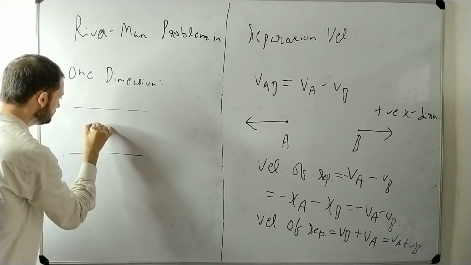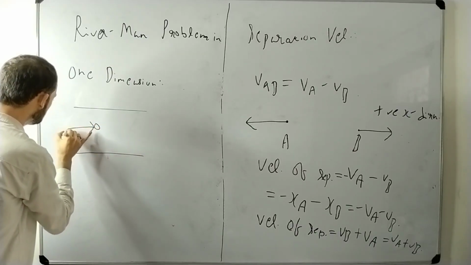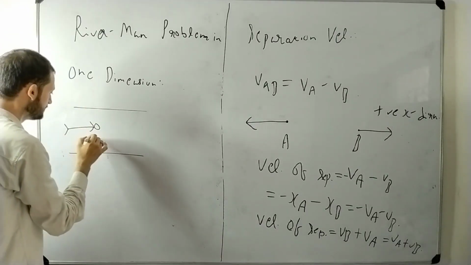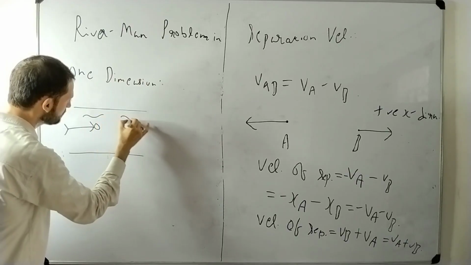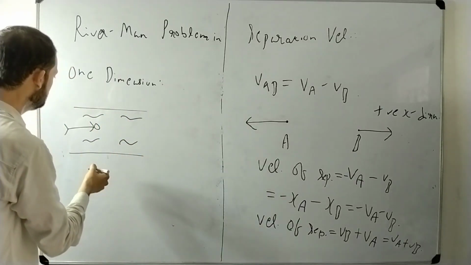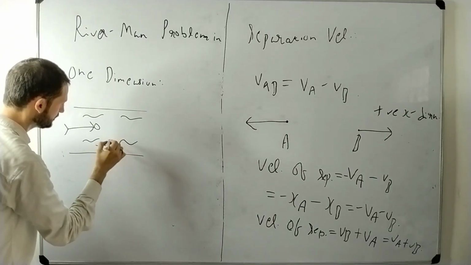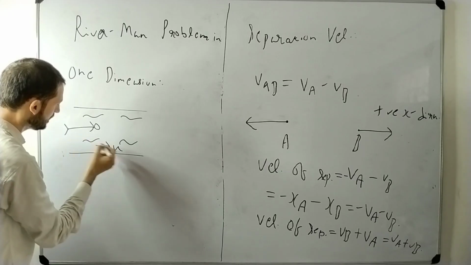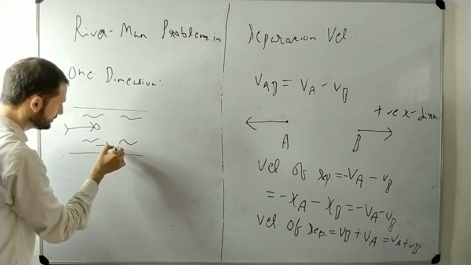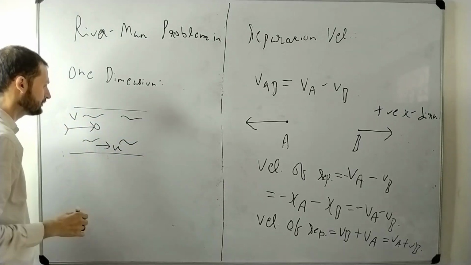This is the man, let it be me, because you would say, sir, you have not drawn us beautifully. So this is me, going in what direction? U. Yes, very nice. The river is going with u velocity, and this is me going with v velocity.